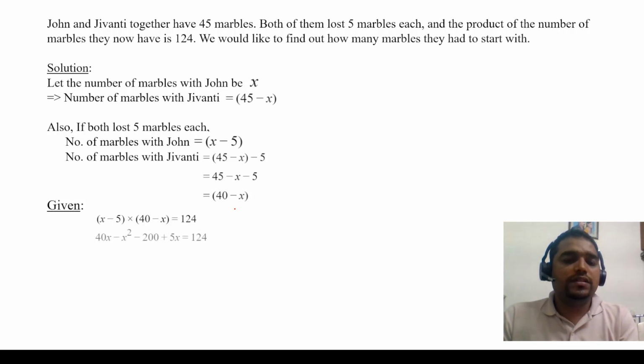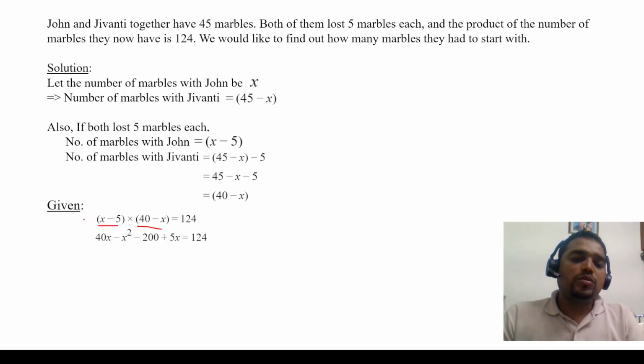Now, to simplify this into a quadratic equation: since x minus 5 into 40 minus x cannot be simplified with any formula, we use the distributive property, opening the brackets of the first term and the second term, like a minus b into c minus d. The first term gets multiplied to both terms, and similarly the second term gets multiplied with both terms.